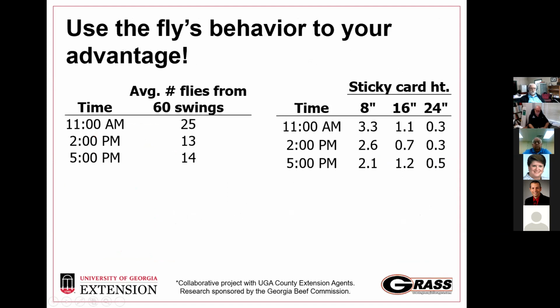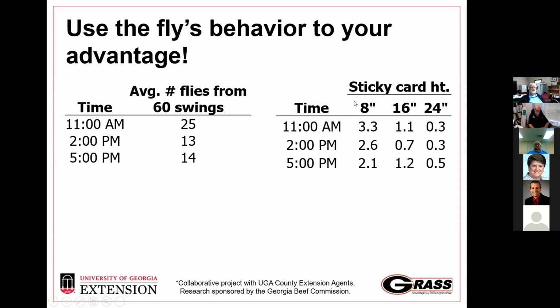The other important management activity is scouting fields and knowing when the fly is approaching economic levels. They also looked at sweeps, the number of flies from 60 swings with a net. At 11 o'clock, they got many more hits than later in the day.